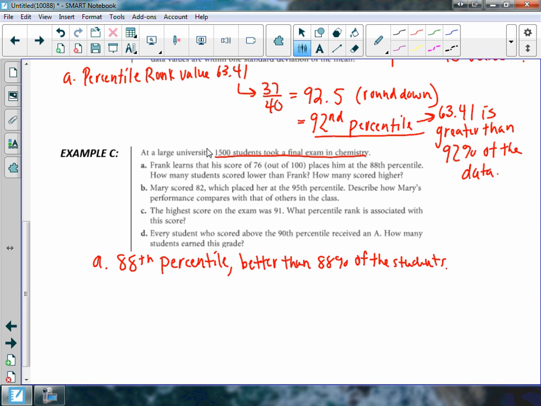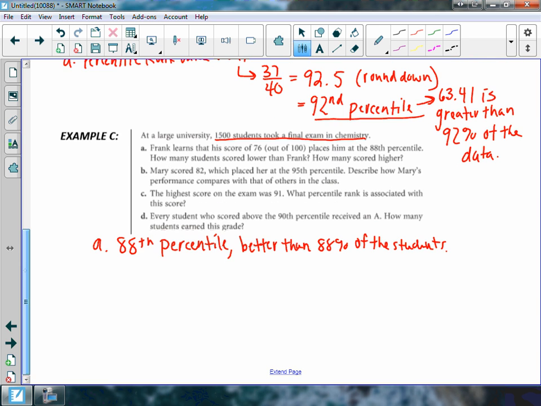So if he did better than 88% of the students, we know that there are a total of 1,500 students. We could take 1,500 times 0.88 and get a value. We know he did better than 1,320 students. Not bad for Frank.